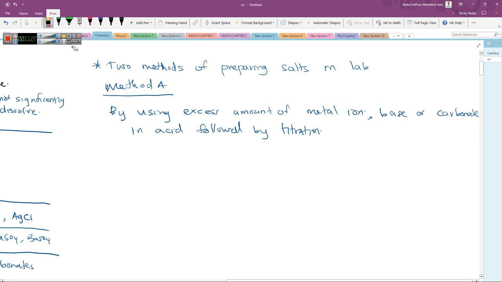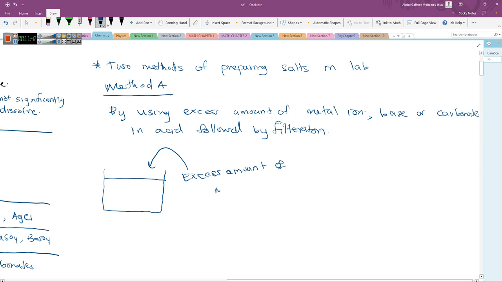Okay, because titration is the next method, method B, and this one is followed by filtration, right? So what we are going to do is, now we will just take some acid into a beaker and we will put some excess amount of metal. What will happen?